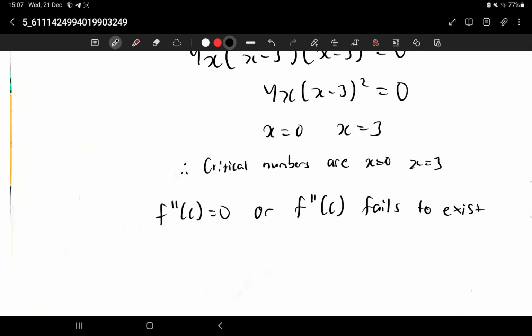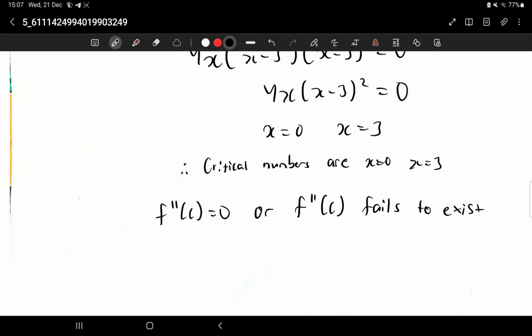Inflection, I guess for matriculation students that will not be familiar, maybe they will use inflection just to know that. But in my course so far, what I've learned about inflection is that the concavity changes.